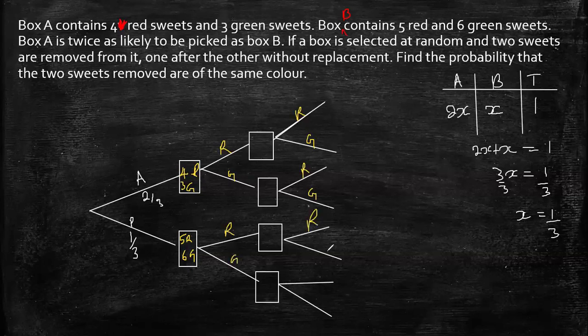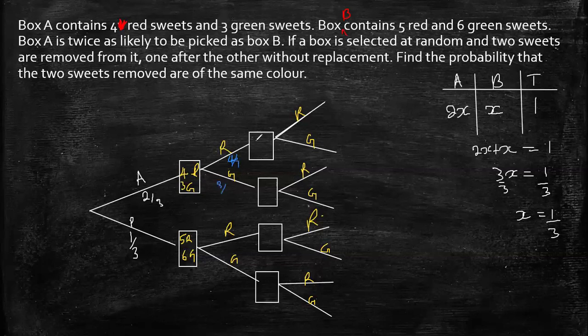So for bag A, when we are picking red, the total is 7, so the probability is going to be 4 out of 7. And green is going to be 3 out of 7.